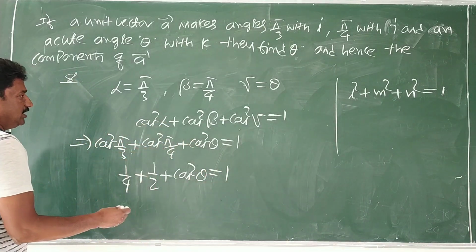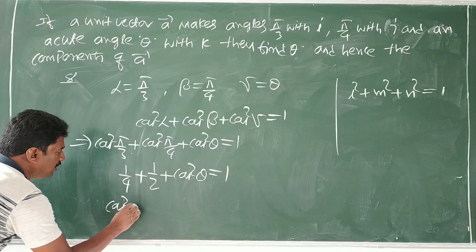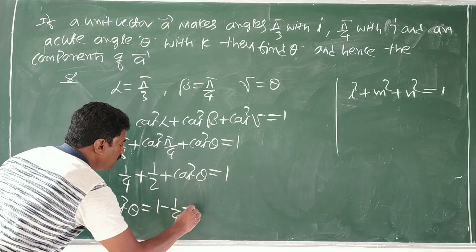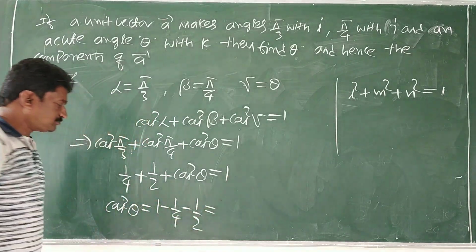Take that to the right side. Cos square theta is equal to 1 minus 1 by 4 minus 1 by 2. It's so easy, students.